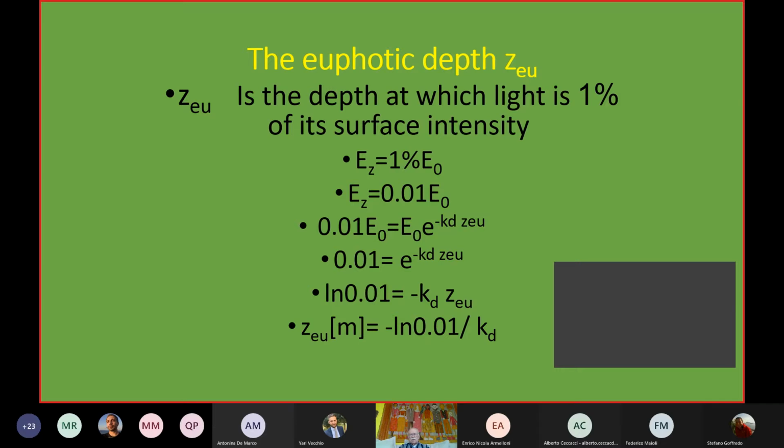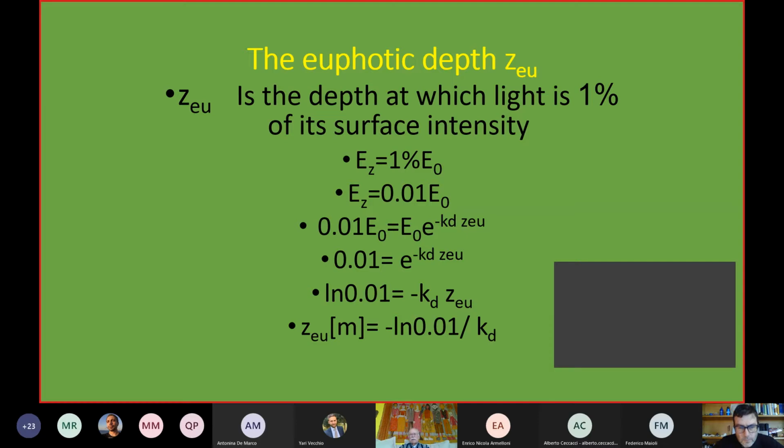Because in very general terms, above it, there is more photosynthesis than respiration. Below it, there is not enough light, and so there is more respiration than photosynthesis, which means that you wouldn't like to create a situation in your culture that there are so many algae that the bottom of the culture is in the dark, and you would be losing product.